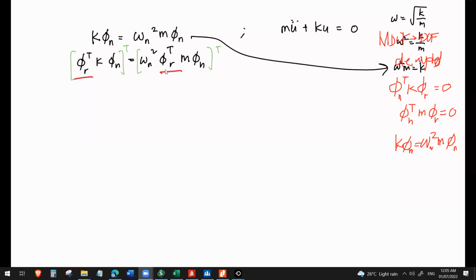So therefore, from this equation, it becomes phi n transpose k phi r is equal to omega r square phi n transpose m phi r.